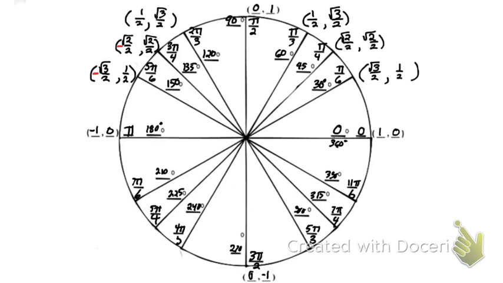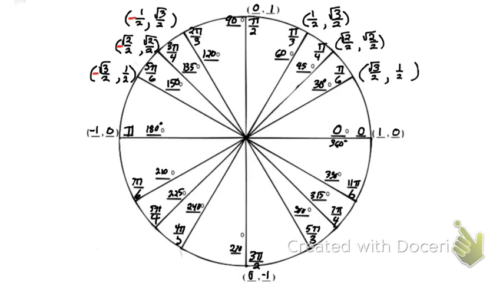So I'm going to do that in red, so you can see those negative signs. All students take, both will be negative in this quadrant. Calculus, cosine will be positive, sine will be negative. All positive, sine positive, all negative. Sine will be negative here.